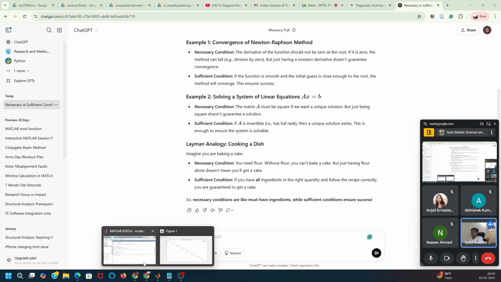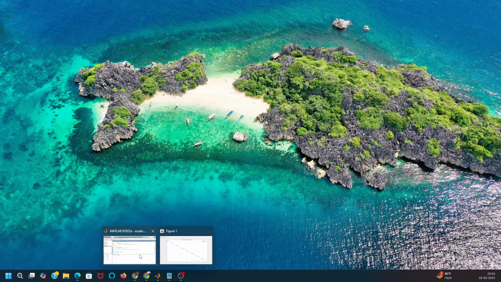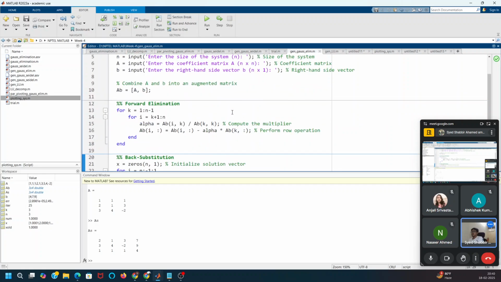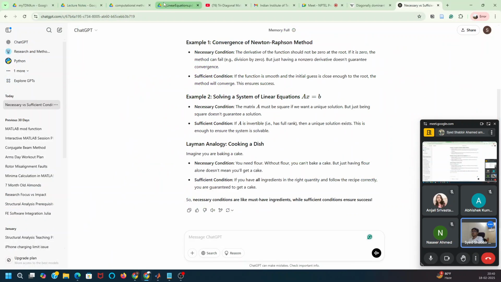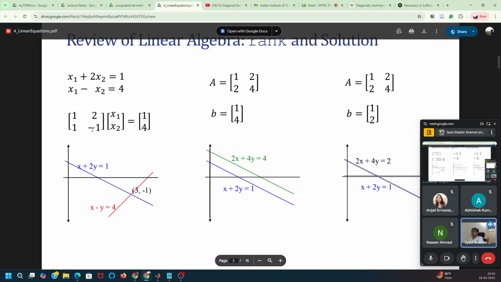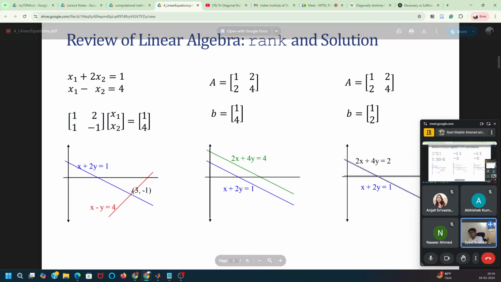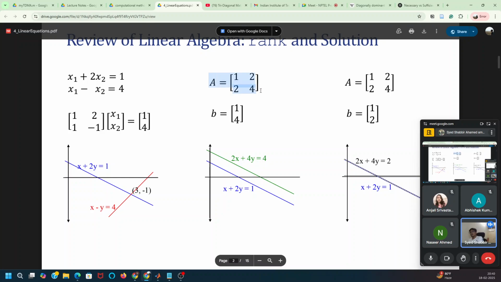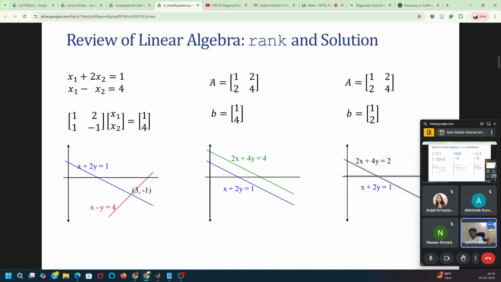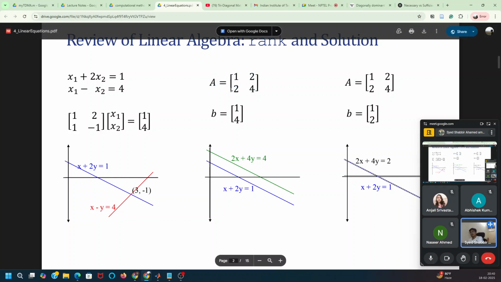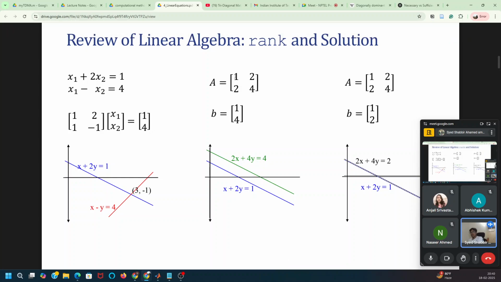Let's say this, right? So if your A matrix, this matrix, is invertible, for sure you will get a unique solution. In this case, you can see that this matrix is not invertible because it has linearly dependent rows.